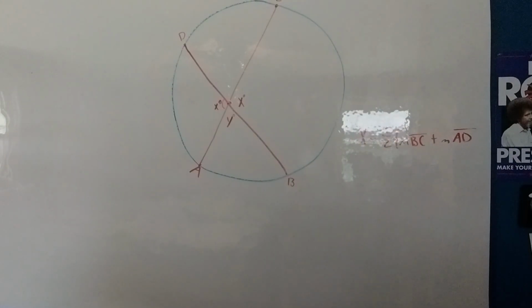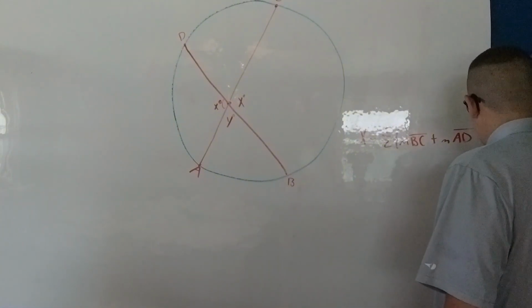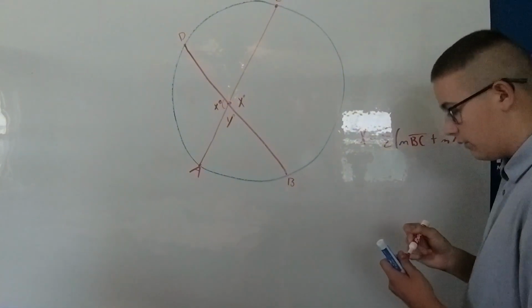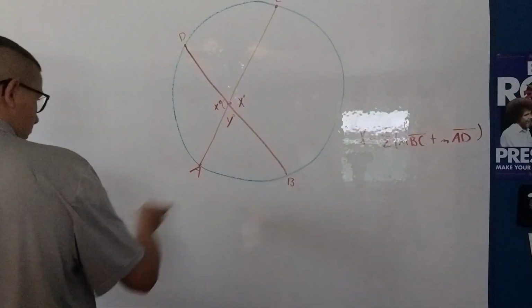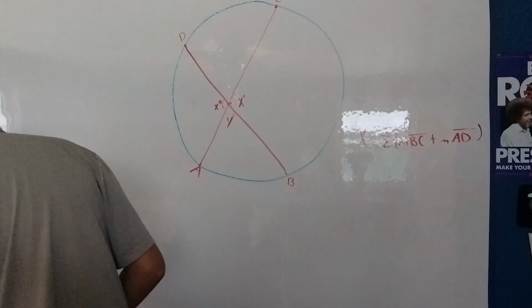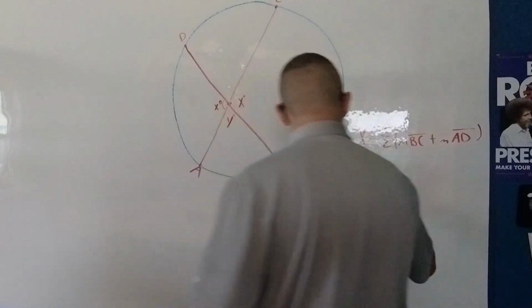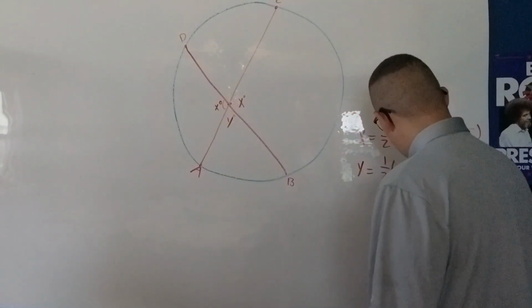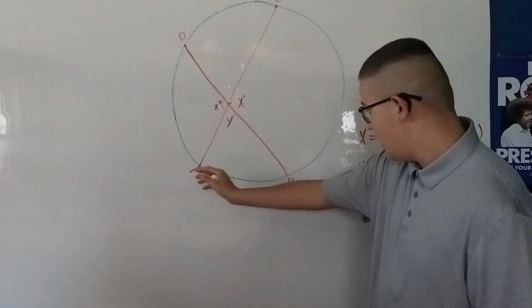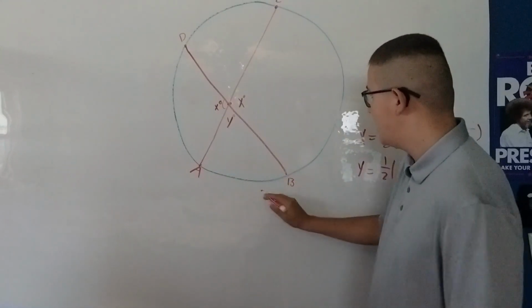Sorry, I'm looking to make sure you can see that whole board. Yeah. And then same thing for y here. The measure of alpha or y, I have y on there, alpha on here, is going to be 1/2 the measure of AB, this arc right here that touches it.